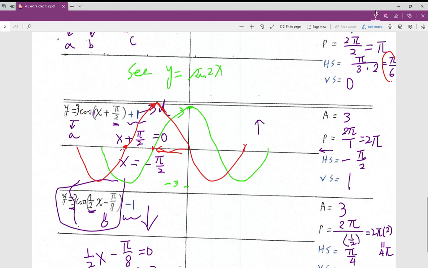Now after the shift, you push the whole graph plus 1. The whole graph plus 1. Let me choose a new color. Everything plus 1. Plus 1. So this becomes 4. Right? Everything plus 1. So the new graph, let me change it to another color. Black. Okay. So the whole graph is pushed up.